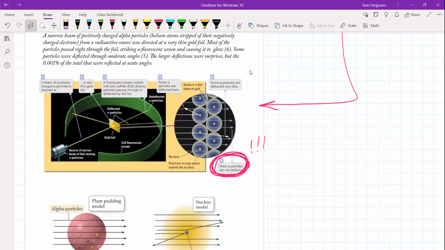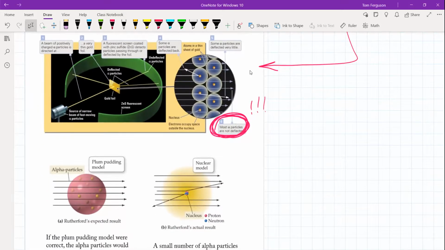So basically, Thomson's model, called the plum pudding model, was expecting his particles to go right on through, 100% of them, unimpeded. And then there's some foil here to measure those particles as they went through.